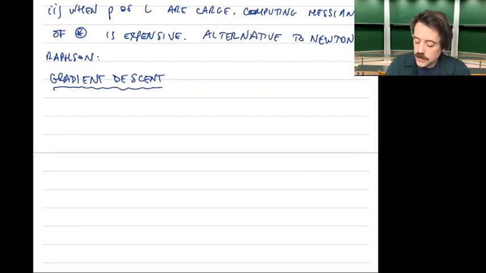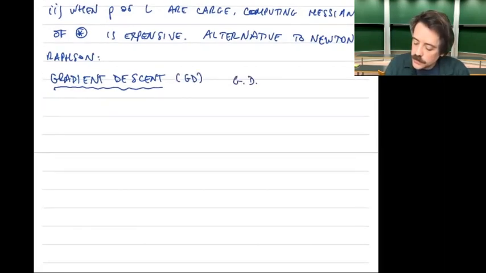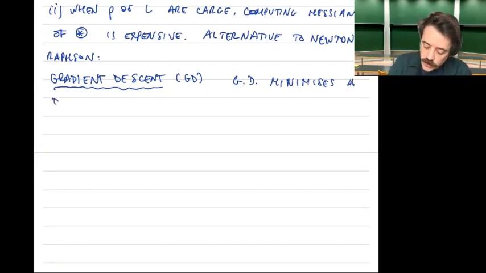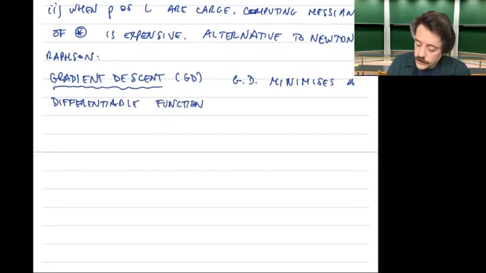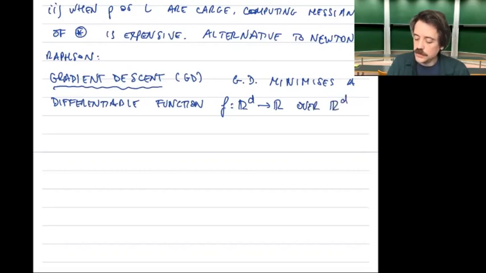So GD, what it does is to minimize. Of course, minimizing is the same as maximizing the negative of whatever function you're looking at, so it doesn't matter whether we write minimize or maximize. So it minimizes a differentiable function f going from R^d to R over R^d, so we don't have any restrictions, as follows.